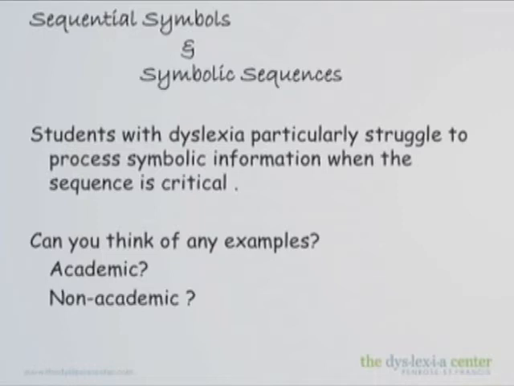Reading and writing aren't the only areas in which we see dyslexia, however. So, some academic examples of sequential symbols would be our spelling words, vocabulary words, words we have to read, math facts, learning our math facts, 2 + 3 = 5.